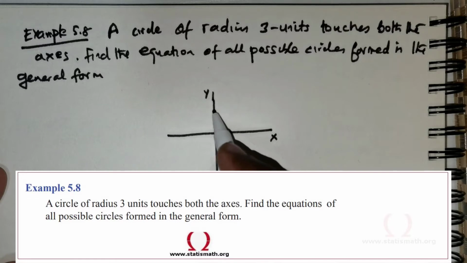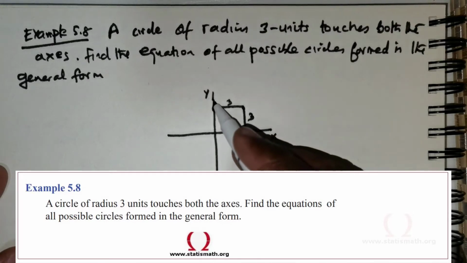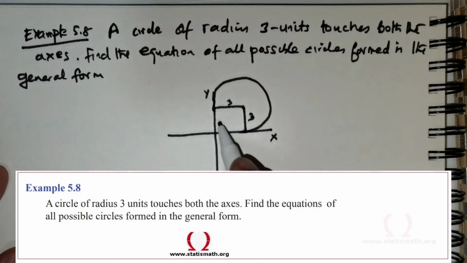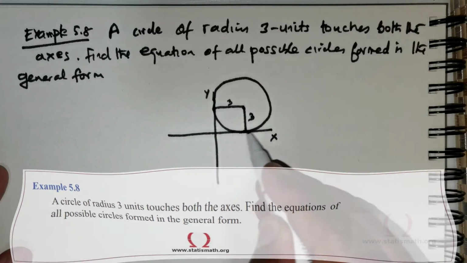So that means if I were to draw a circle which touches x and y, then it has to be drawn so that its radius from this point to the center is 3 units, and similarly the radius from the axis to the center should also be 3 units. Okay, so if I were to complete this circle, then the circle would be something like this.